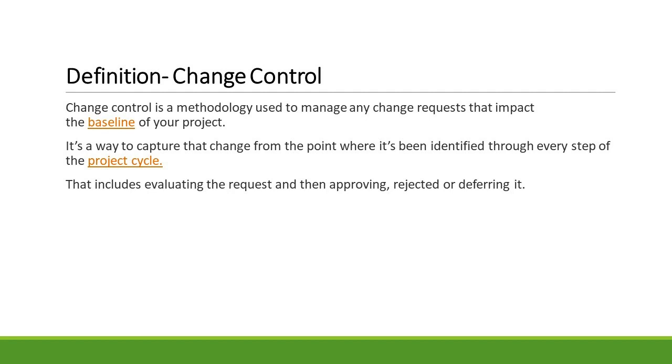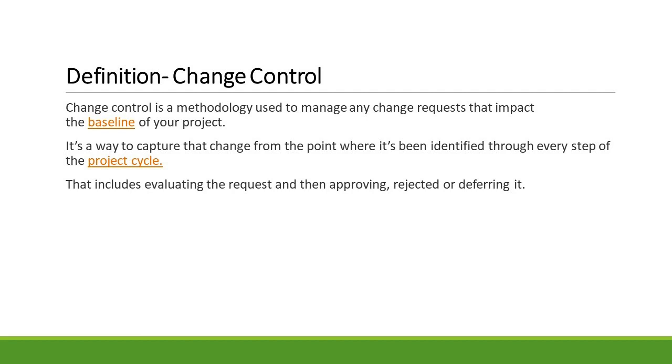4. Evaluation and analysis. Once identified, the change is evaluated thoroughly. This involves assessing its potential impact on the project's scope, timeline, budget, and other aspects. The evaluation helps determine the significance and feasibility of the change. 5.